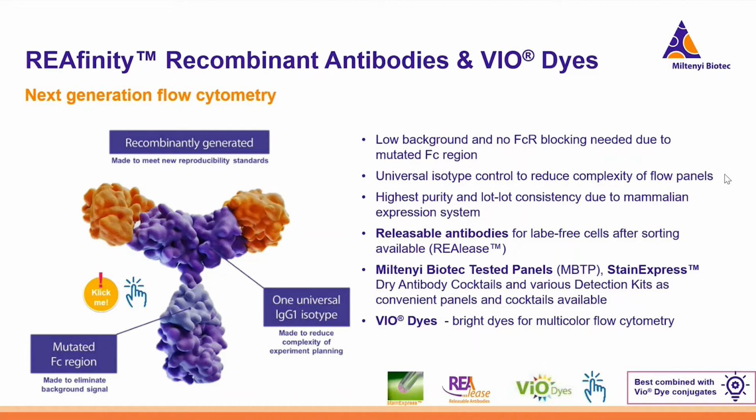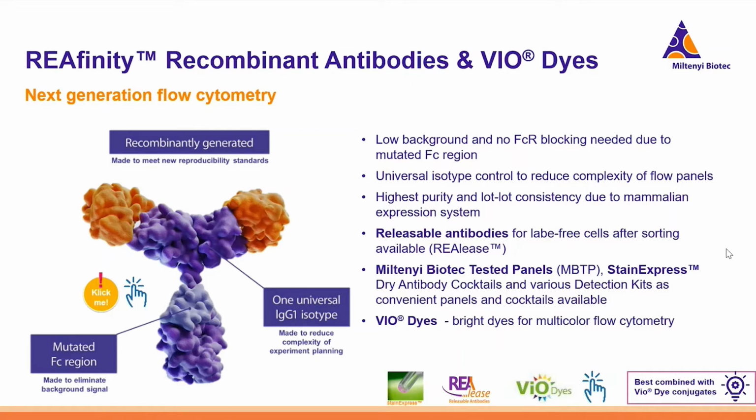This means that REAfinity antibodies exhibit highest purity and lot-to-lot consistency for greater reproducibility, that they can undergo a most stringent in-house validation and have no need for tedious and costly Fc receptor blocking. And they require only one universal isotype control for maximum convenience and cost saving. Most recently, even releasable versions for label-free cell sorting were added to our REAfinity portfolio.